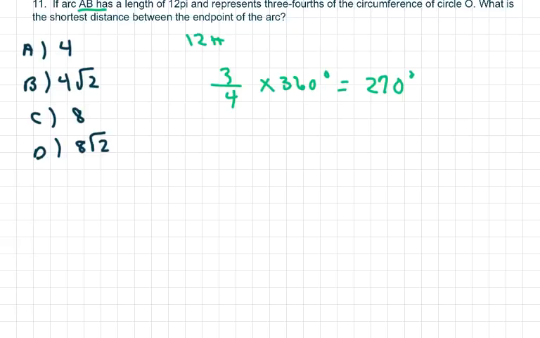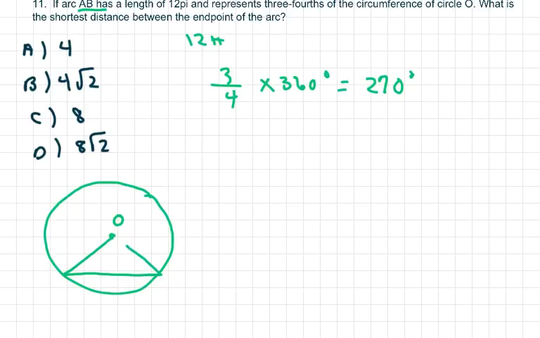This in turn means the minor arc is across from a 90-degree angle. Forgive my figure, but you have your O here and A. It sits across from the 90.